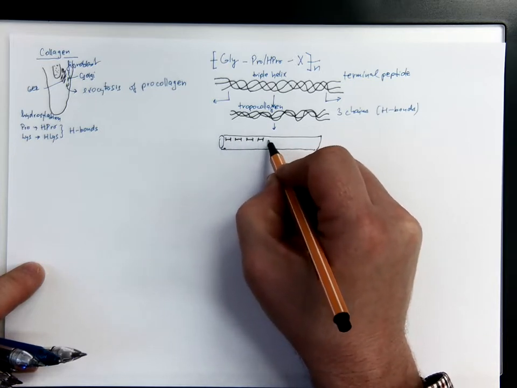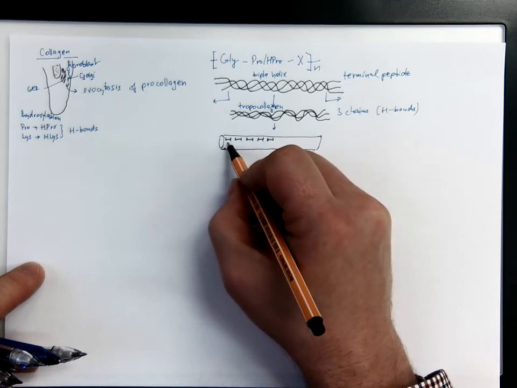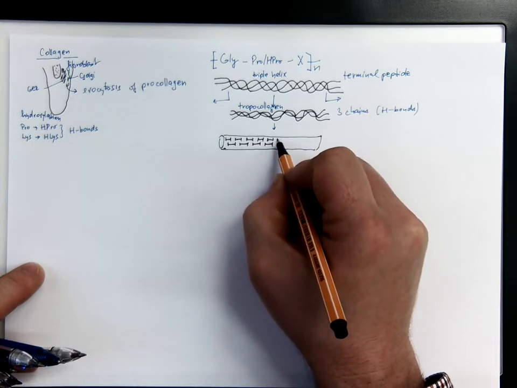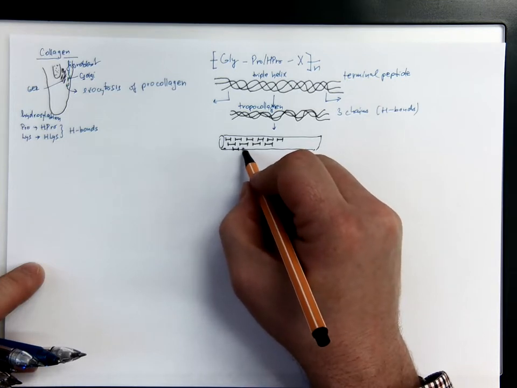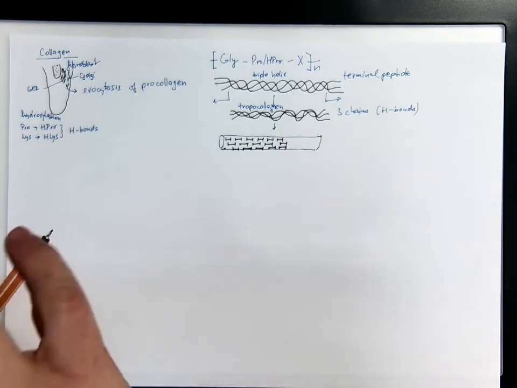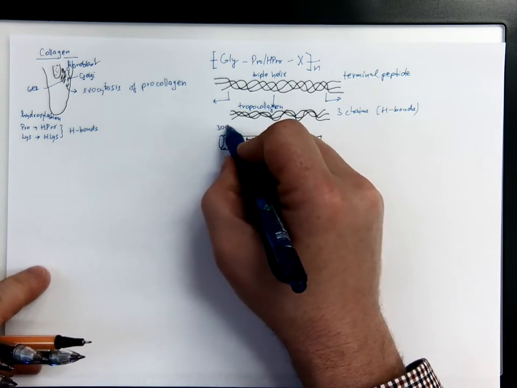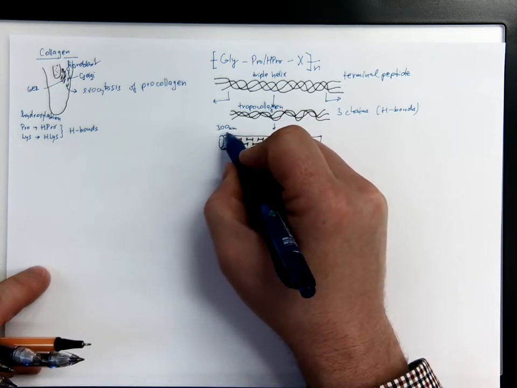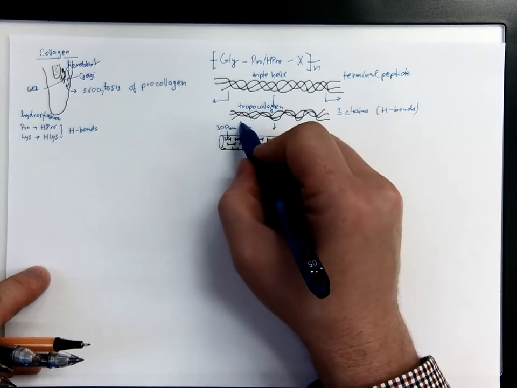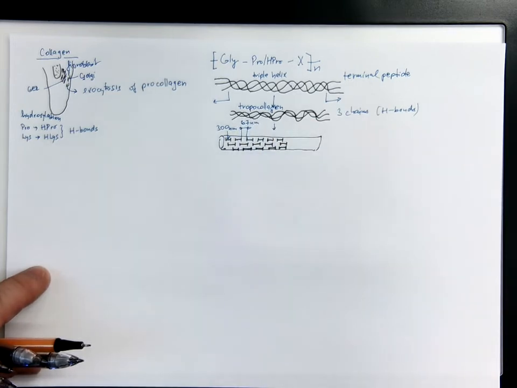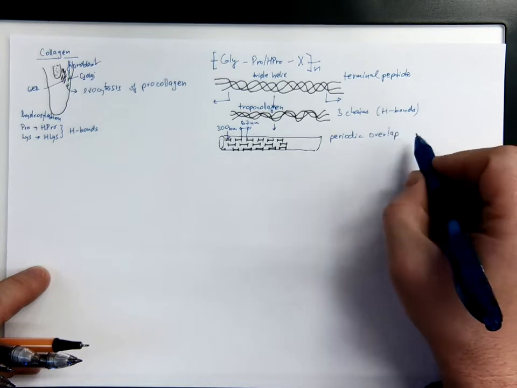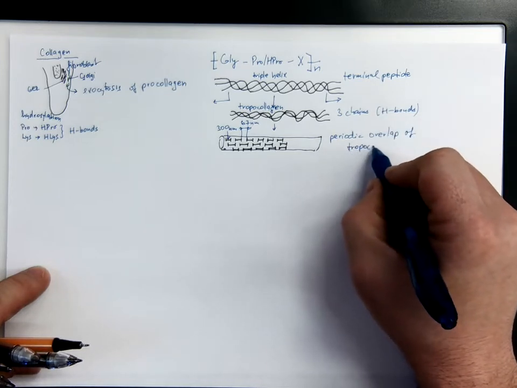These tropocollagen units periodically overlap with a constant period, and while the length of each tropocollagen is approximately 300 nanometers, the overlap between the neighboring molecules is about 67 nanometers.